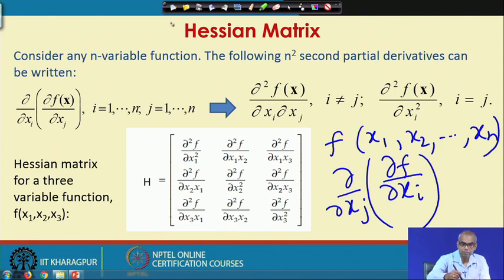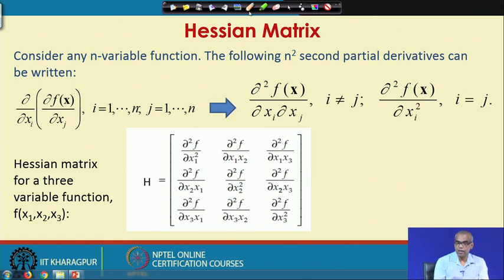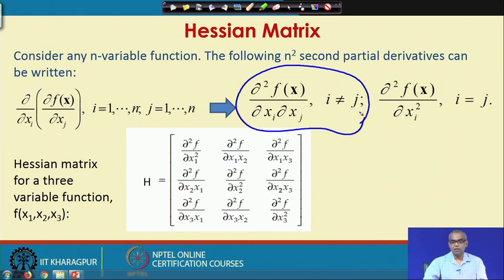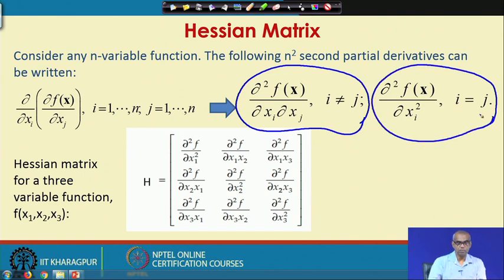So, we will have terms like del square f del xi del xj when i is not equal to j, and del square f del xi square when i equals j. For example, if you have a 3 variable function, you will have del square f del x1 square, del square f del x1 del x2, del square f del x1 del x3.